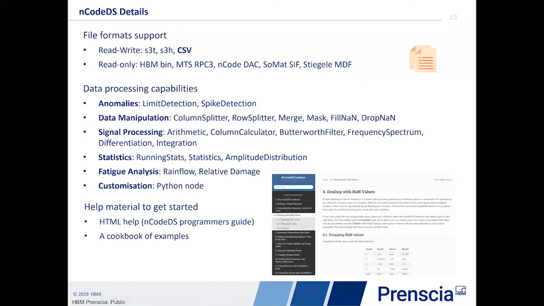But you also have the nCodeDS Programmer's Guide with all the details you want on every one of those algorithms, from the input node to the processing nodes and the output nodes, and the Python node as well. So loads of help, from beginners, how to get started with the cookbook, to experts, knowing exactly what this option, this property is about.